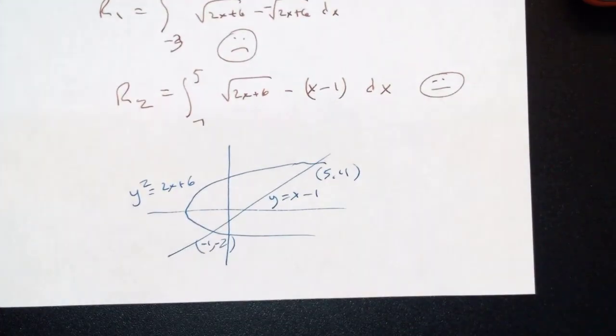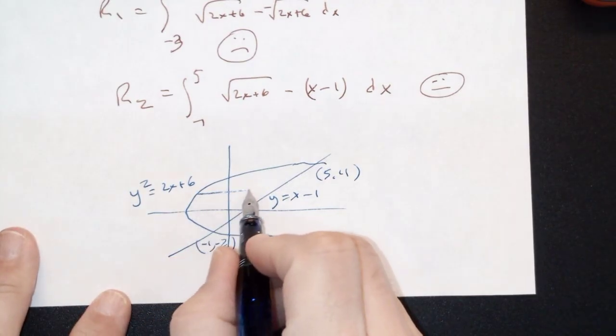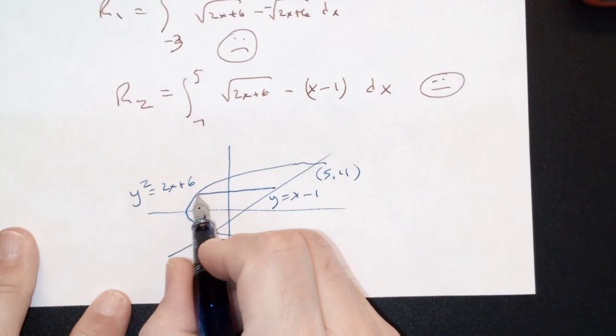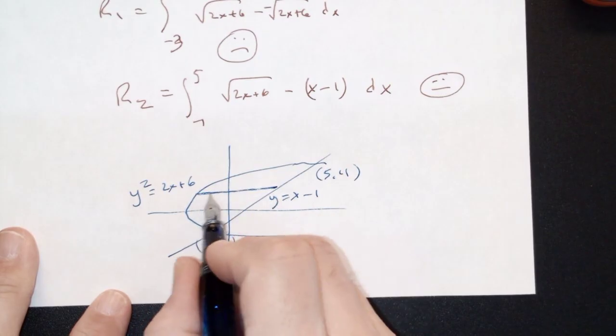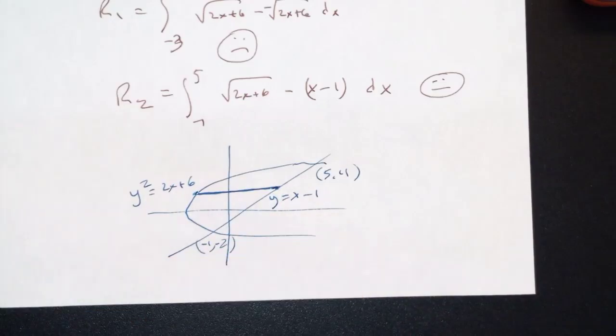Same picture, but I'm going to draw the rectangles this way. So instead of thinking of my rectangles being stacked going from left to right, I think of my rectangles being stacked going up and down.